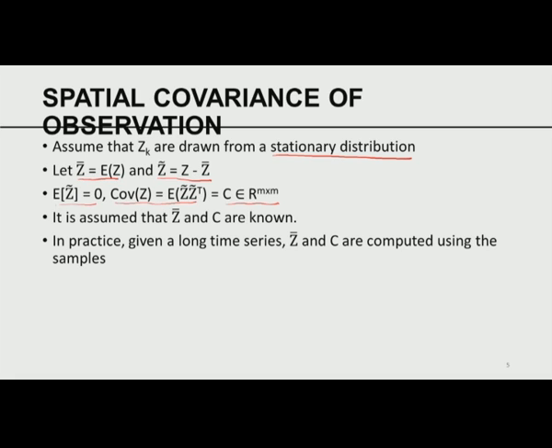The C matrix talks about the covariance of the observations from different locations. It is assumed that both the mean and the covariance of the observations are known.